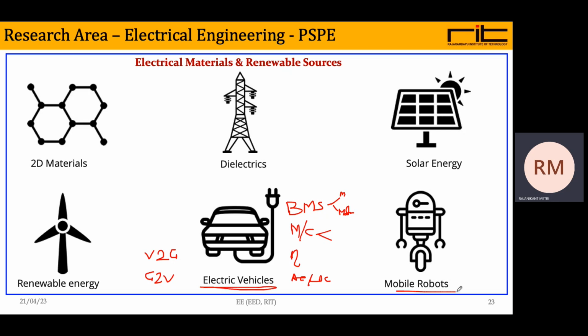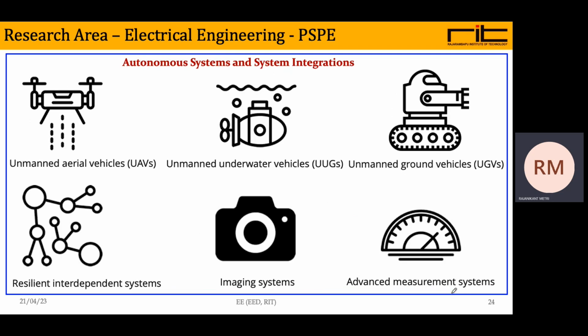Then similarly, mobile robots. This is again one good area. Then in autonomous systems and system integrations, you might have heard of unmanned aerial vehicles, UAVs. So there is scope for working on these problems: unmanned underwater vehicles, UUVs, then unmanned ground vehicles, UGVs.